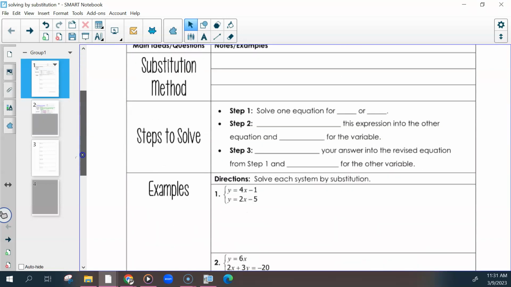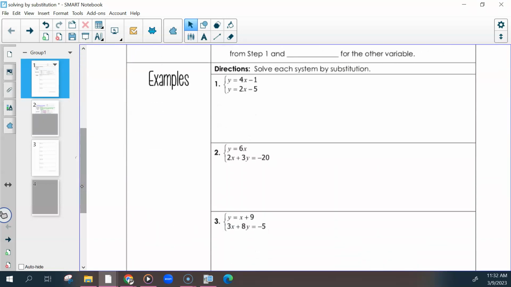So let's try this first example. We first have to look and see, are either of these equations solved for x or for y? In this case, it's a rare case, yes, they're both solved for y.